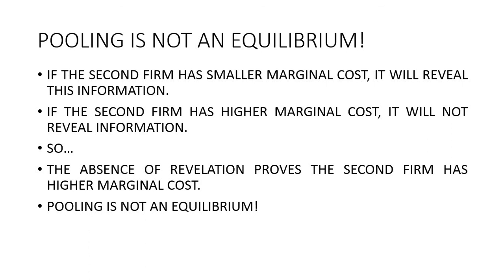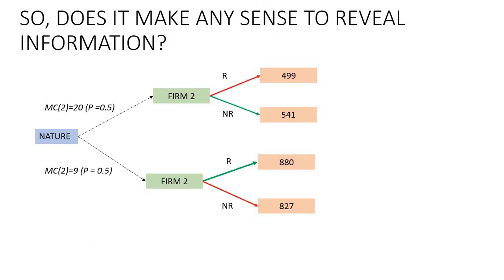However, as we discussed based on this game 3, if the second firm does not reveal information, you can tell for sure that this firm has high marginal cost, because a firm with low marginal cost will always reveal information. That's why if there is no revelation of information about true marginal cost, it means that this marginal cost is high.